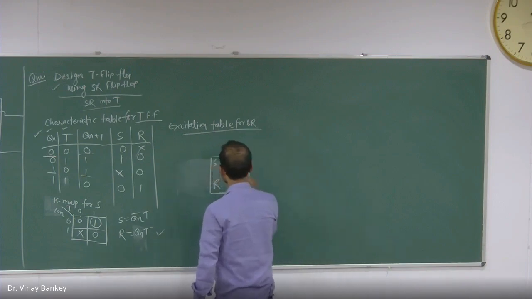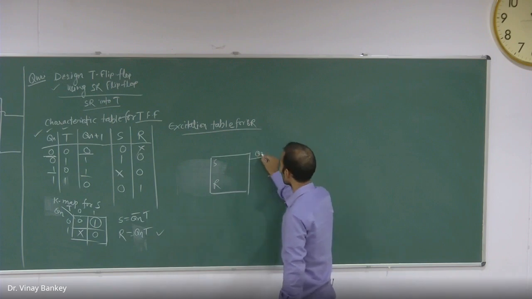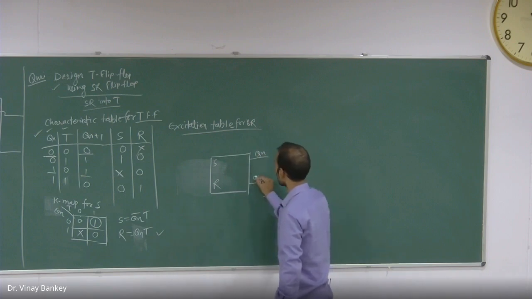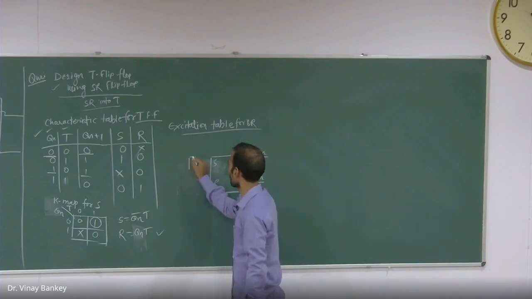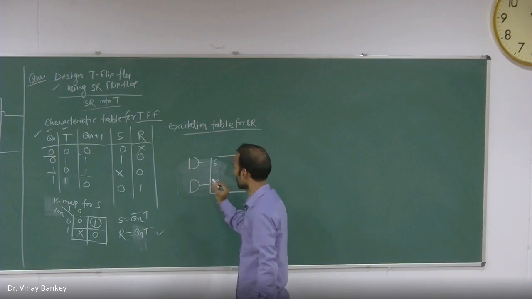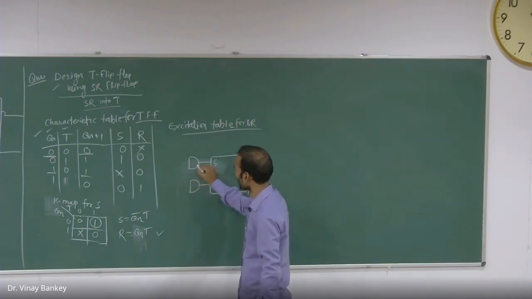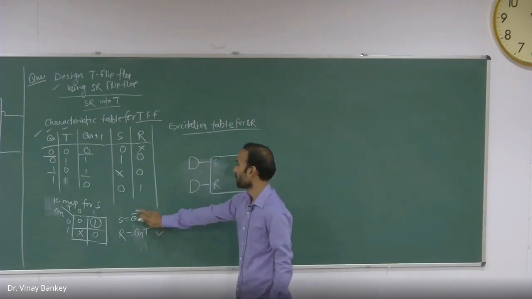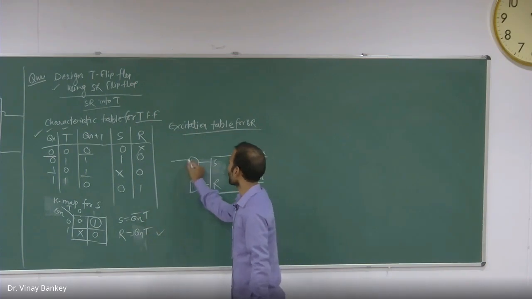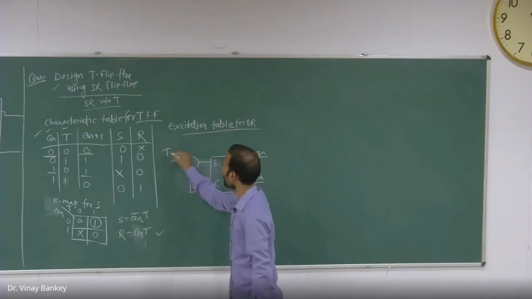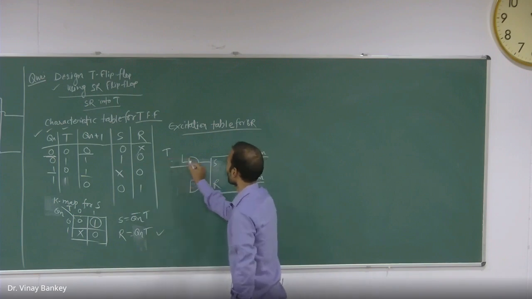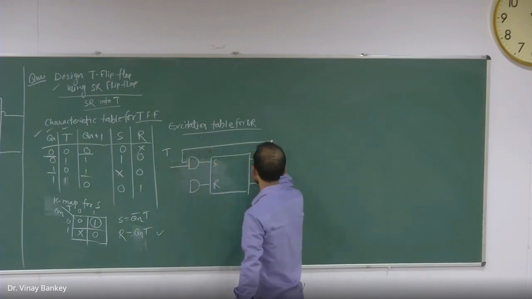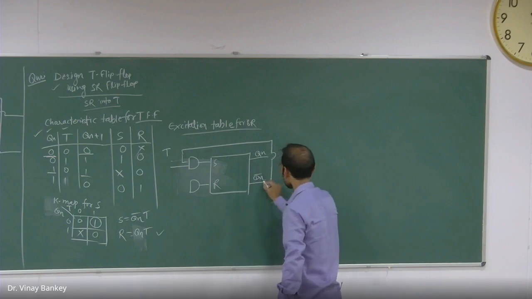You have SR flip-flop, you have this output Qn, and this one is Qn bar. So I just need one AND gate here in front of S and in front of R. And what will be the output of this AND gate? Output should be Qn bar T. So T you want to design, that is your T flip-flop, and Qn bar will be the complement of the previous stage.